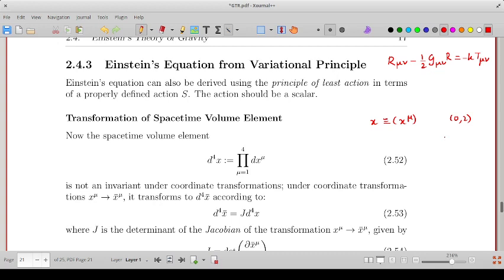So we have a tensor field over here, and an action for such a tensor field can be written as an integral over a region V of the space-time, over d4x, which is the volume element in the space-time. It's 4-dimensional, that's why I wrote it as d4x, times a Lagrangian density which involves g and its derivatives.